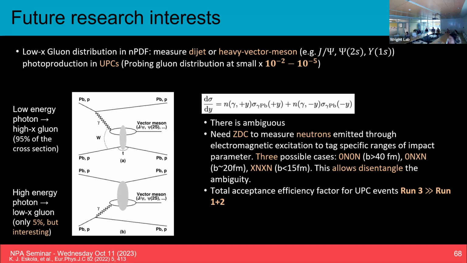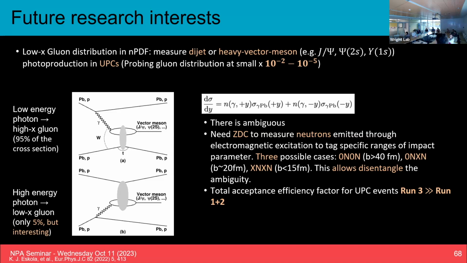Then you also have high energy photons scattering with low x gluons, which is what we want to measure, but it's only 5%. Both contribute to the cross section. There's some ambiguity, which you can resolve using ZDC to measure the energy in different cases: zero neutrons, a neutron on one side, or neutrons on both sides. This allows you to disentangle it.